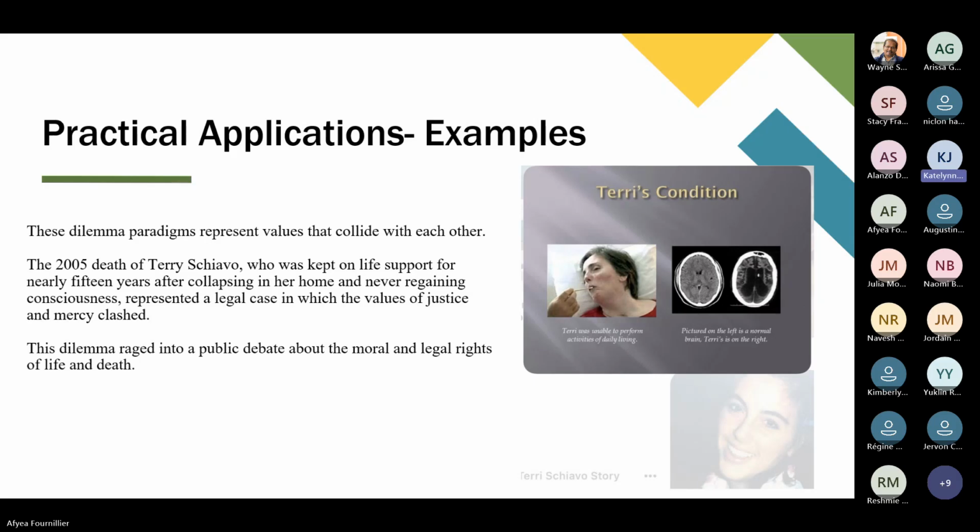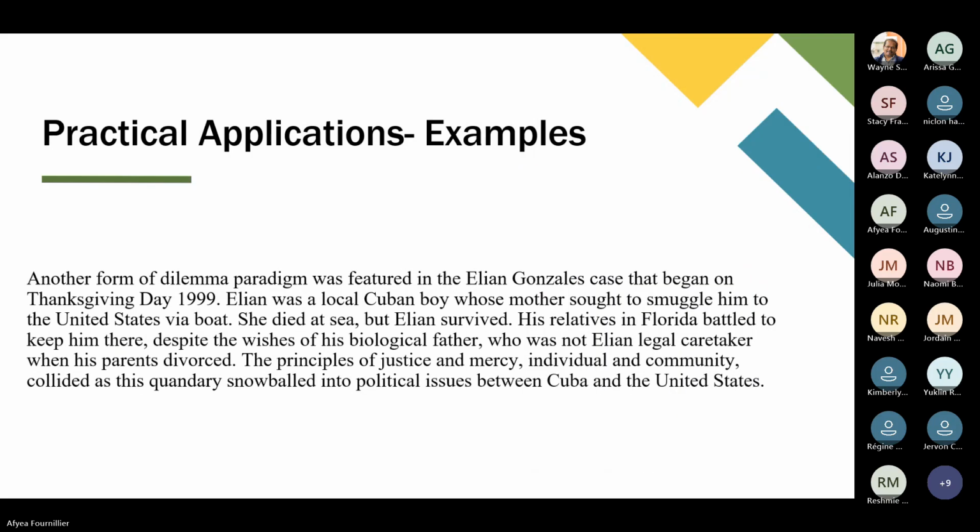So we have a picture of Terri and her condition, and a picture of her at the bottom, kind of blurred out, from when she was younger. She couldn't help herself basically. She was on life support for 15 years. So, yeah, we go to the next slide.